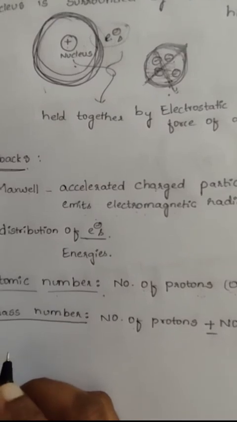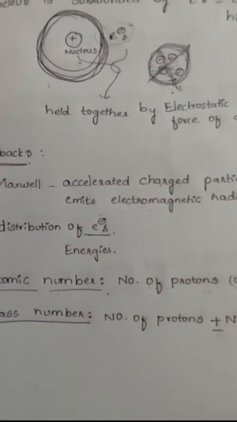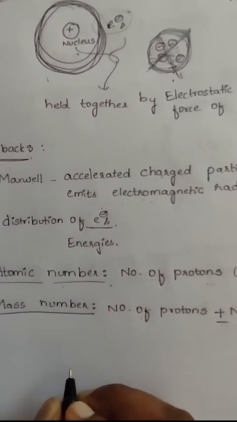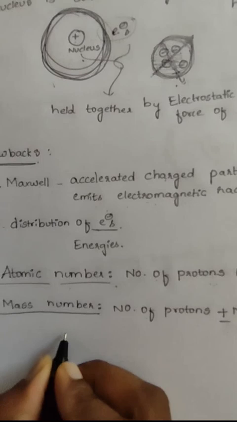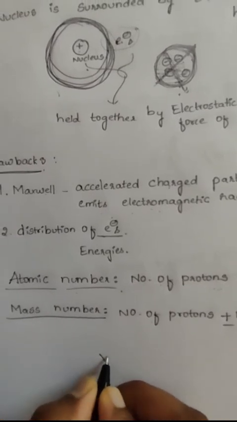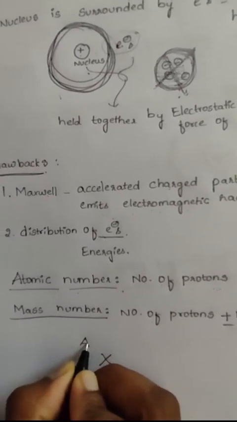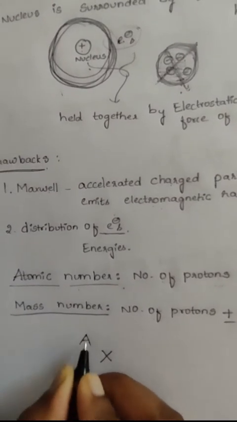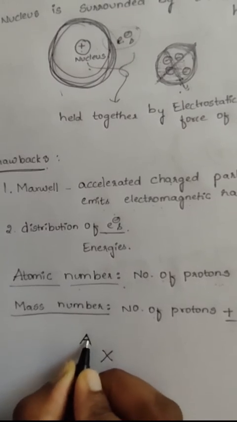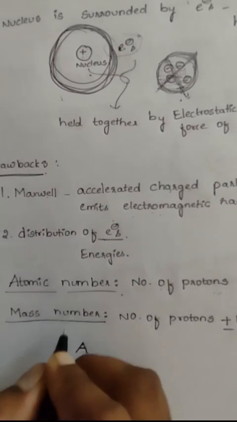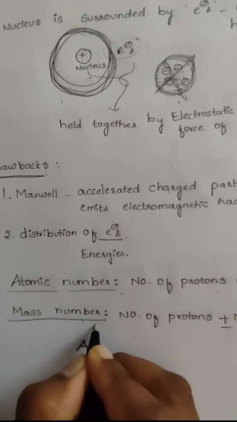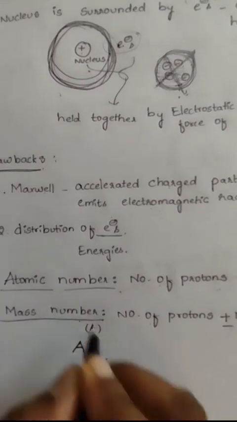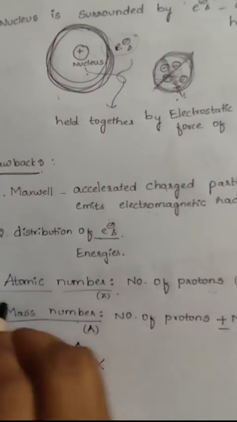Next, isobars and isotopes. Before knowing about isobars and isotopes, let us know about the composition of an atom, which can be expressed as X with superscript A and subscript Z. Here superscript A represents the mass number and subscript Z represents the atomic number.